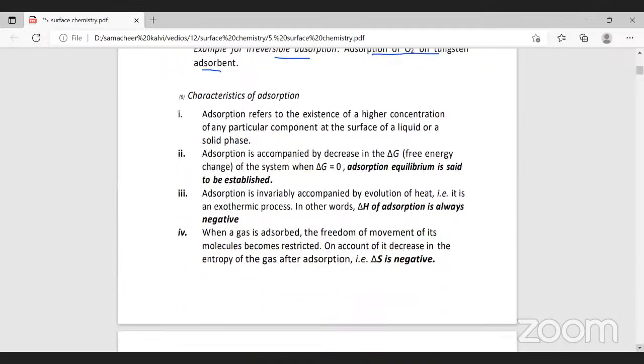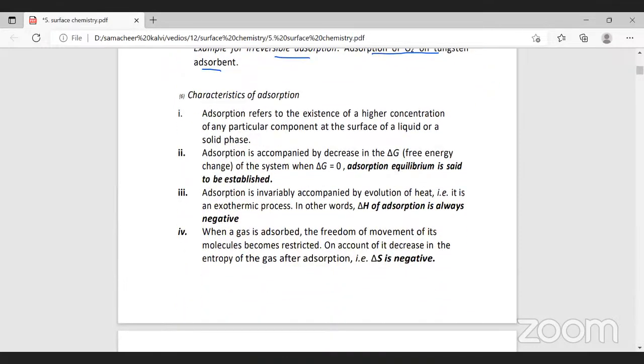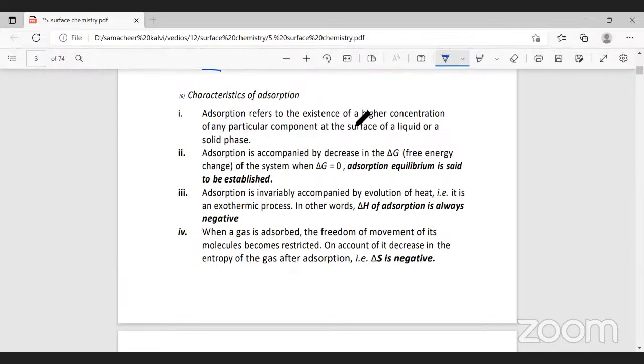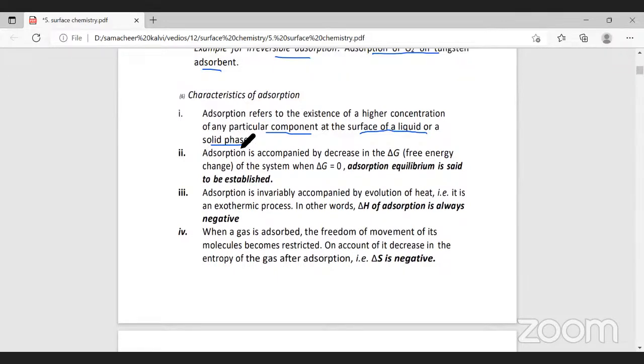The next: characteristics of adsorption. What are the characteristics of adsorption? Adsorption refers to the existence of a higher concentration of any particular component at the surface of a liquid or solid phase.